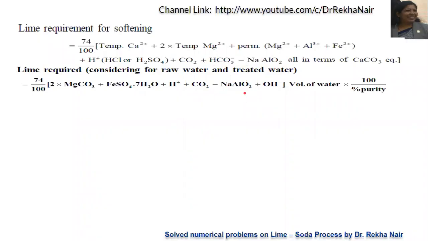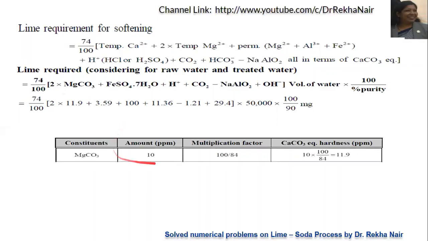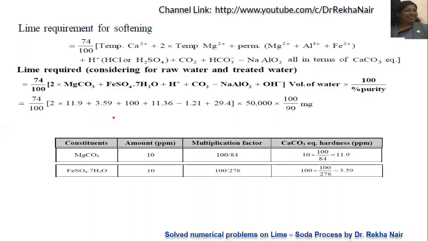When the treated water contains OH minus, we have to put it in lime required. Okay, I'll explain why it is so. Okay, let us calculate at first. Volume of water is given and percentage purity is 100 upon percentage purity. So let us put the values, and magnesium carbonate will come out to be 11.9. So 2 times 11.9. Ferrous sulfate is 3.59.